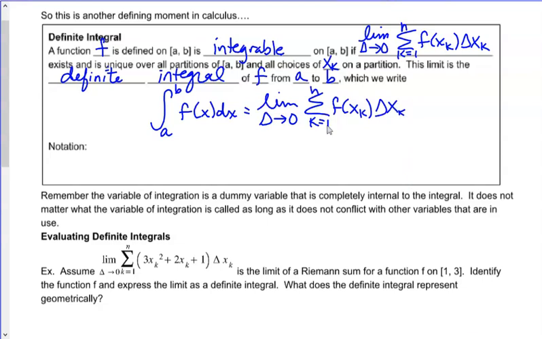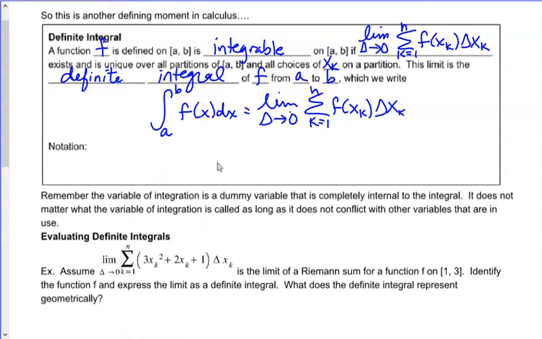Again, the foundation is the width times the length of the rectangles, creating the area, adding up all those areas, getting very, very small rectangle widths so that I can approximate and get an exact answer to the area under the curve.